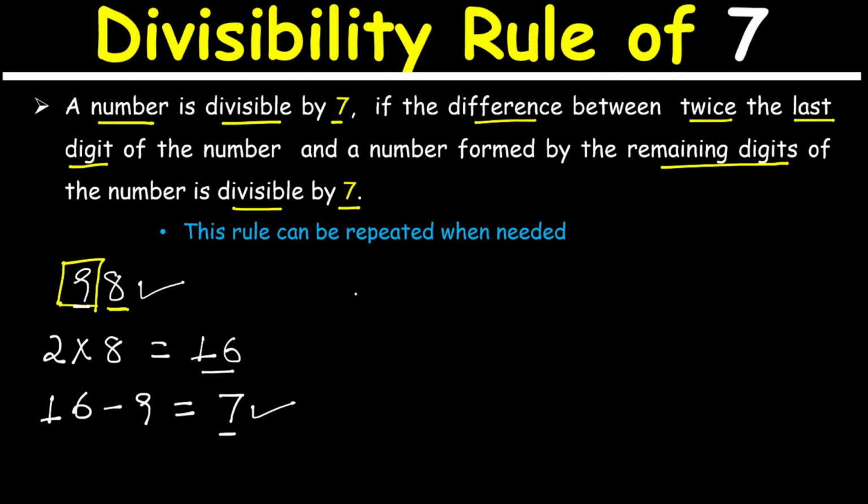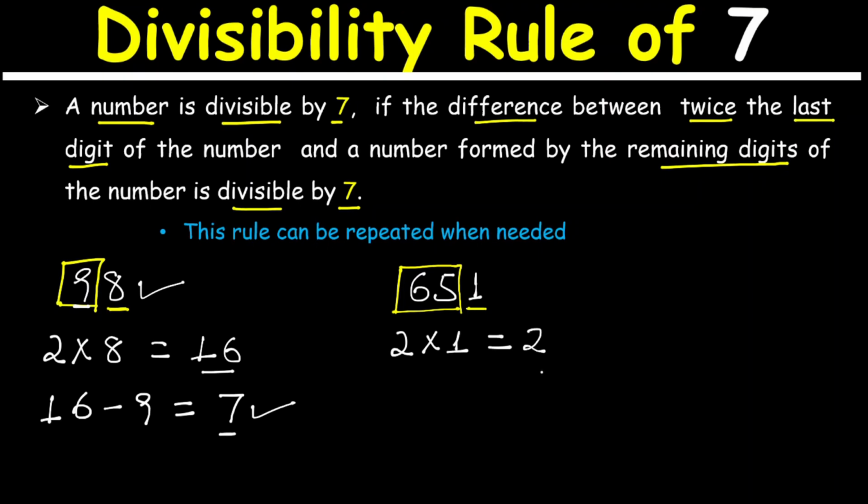Let's see another example. Is the number 651 divisible by 7? The last digit of the number 651 is 1, and the number formed by the remaining digits is 65. Twice of the last digit is 2 multiplied by 1, which is equal to 2.